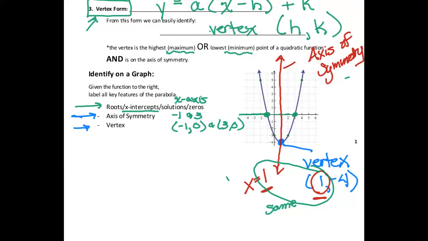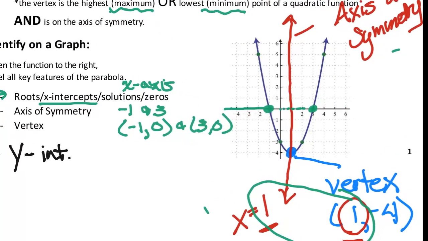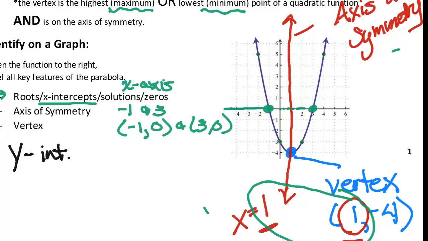Okay, so now can you find the y-intercept? What would my y-intercept be? Where does the graph cross the y-axis? So take your pencil, put it on that y-axis, follow it all the way down, and where does the graph intersect with that parabola?